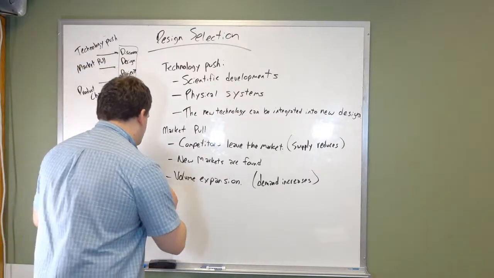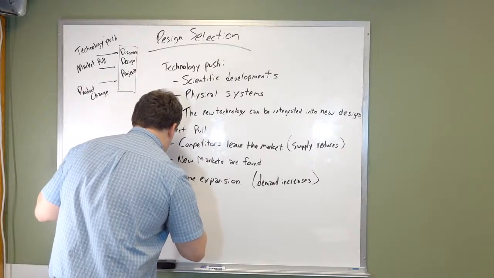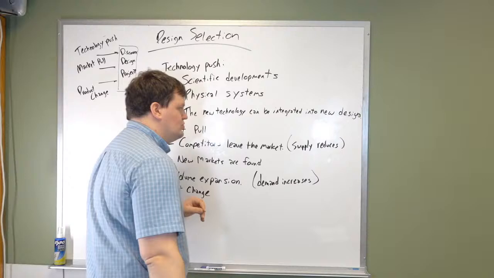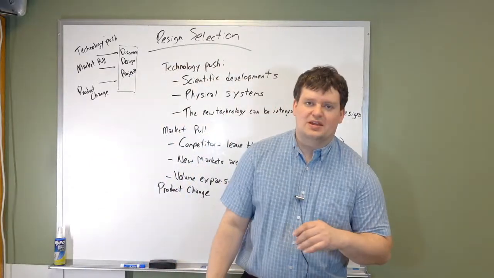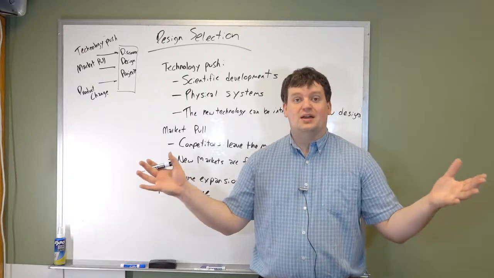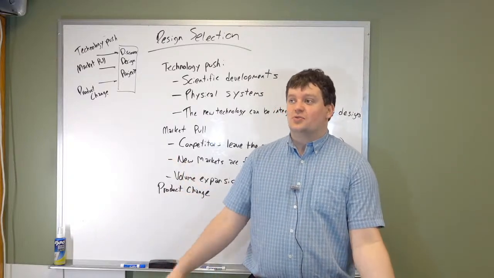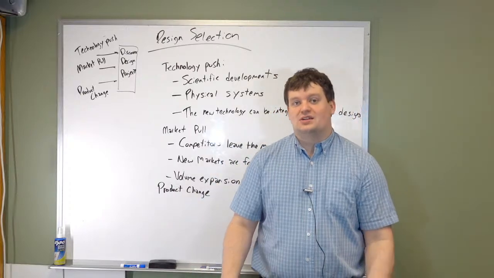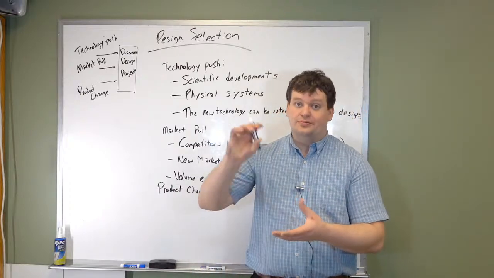The last one is a product change. Okay, let's say you are an automotive manufacturer and you have to buy tires every year. Well, all of a sudden, one year they decide, we did a stress analysis and we actually need to move the lug nuts out 1/2 inch.